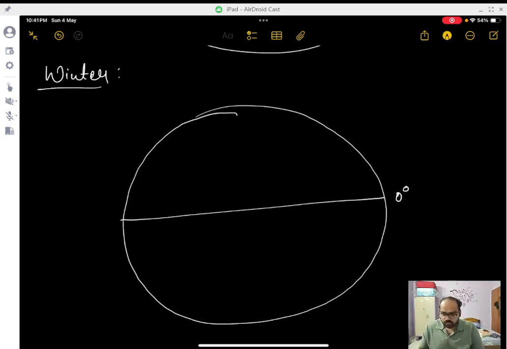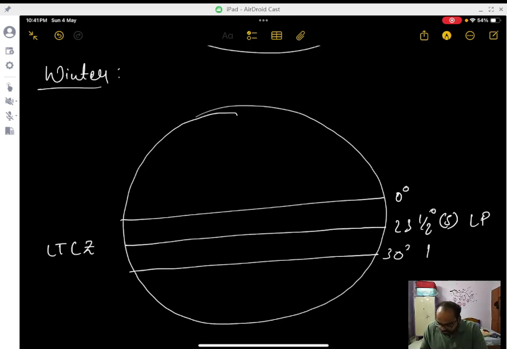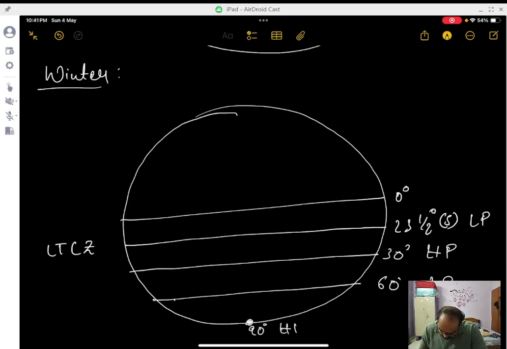Equator, 23.5 degrees south, ITCZ, low pressure, and remaining things are common. 30 degrees high pressure, 60 degrees low pressure, 90 degrees high pressure.